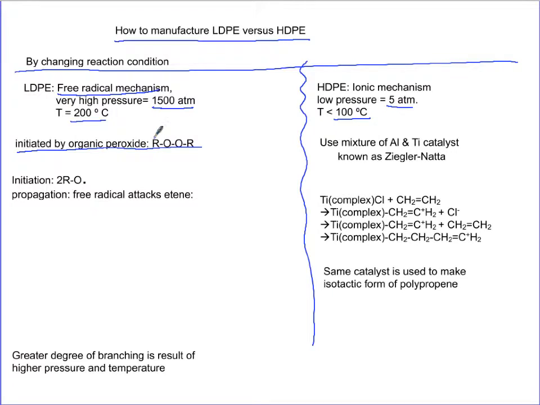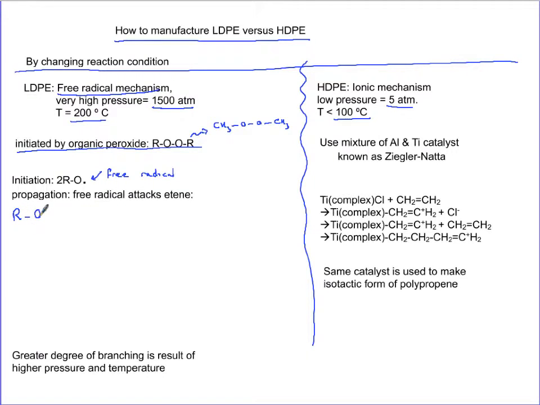An organic peroxide is just like hydrogen peroxide, except, for example, R could be CH3O attached to another CH3. So this is an organic peroxide. In initiation, it's going to produce a free radical. Now the free radical is going to attack the ethene in your pressure cooker, in your reaction vessel.